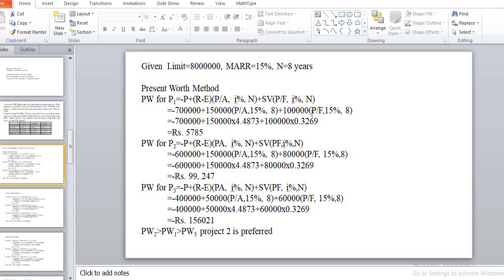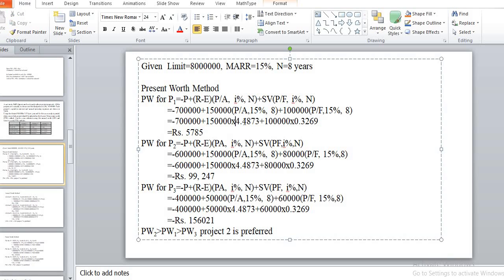So 1 lakh into the present worth factor for single payment, P by F, at 15% interest rate and 8 year lifespan. So we calculate these particular factors, and they come as 4.48 and 0.3269. Now we multiply with these factors and we will get rupees, some value like this.